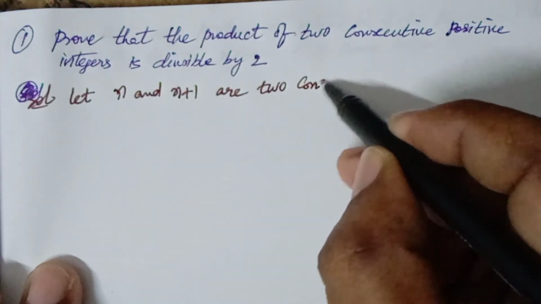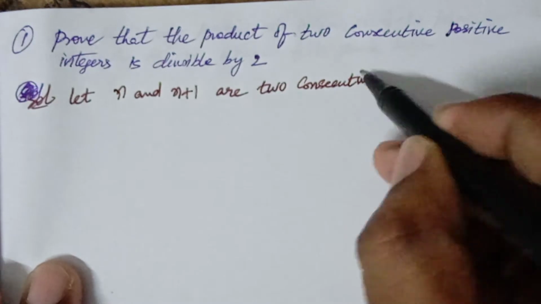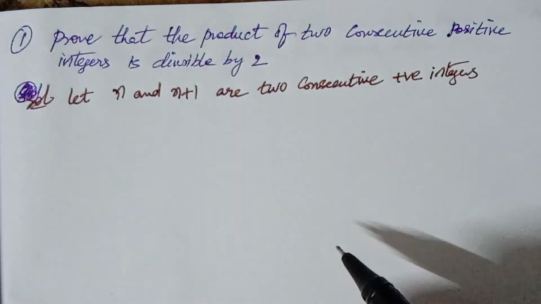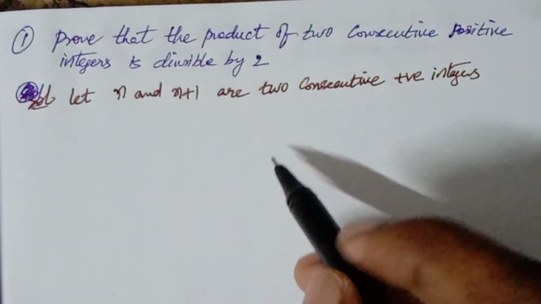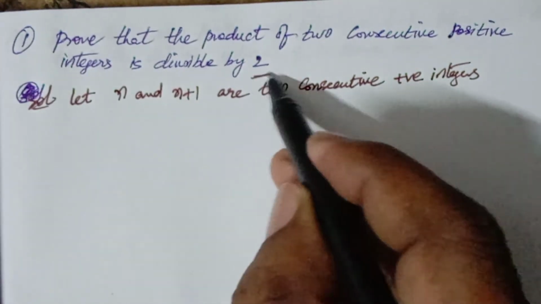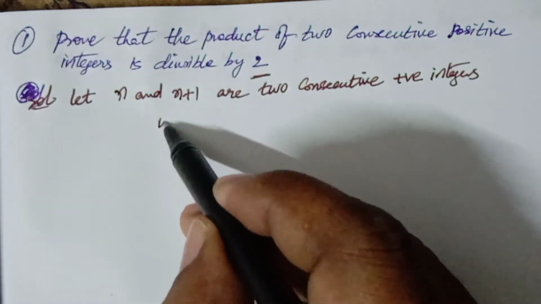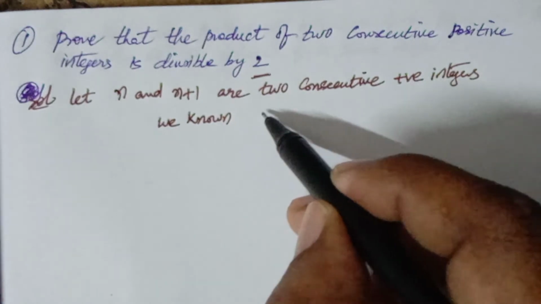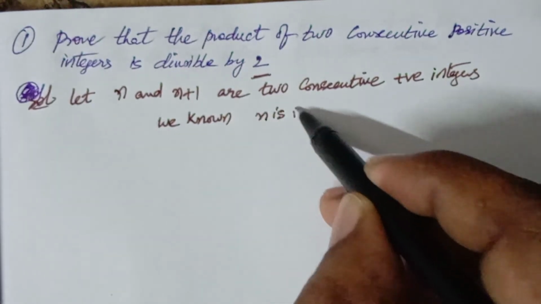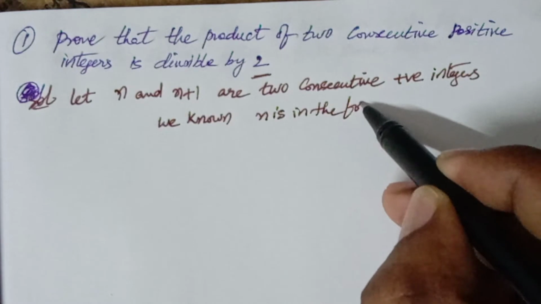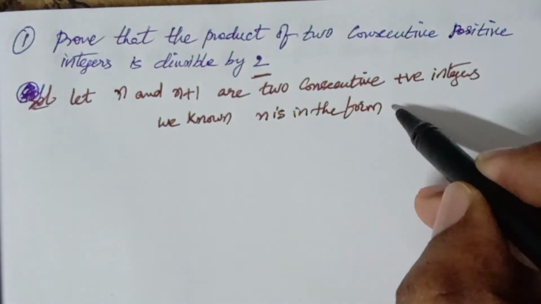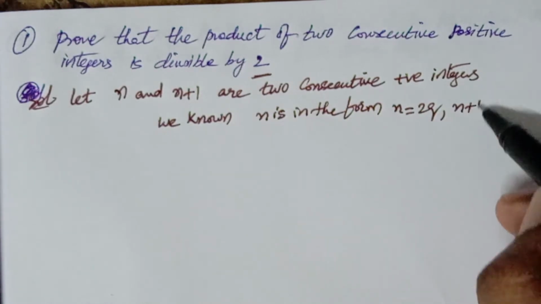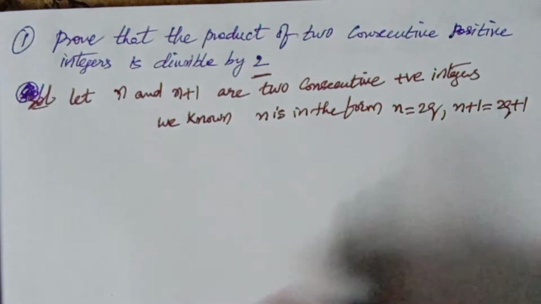To show it is divisible by 2, by using Euclid division lemma, n is in the form n equal to 2q, and n plus 1 will be in the form 2q plus 1.